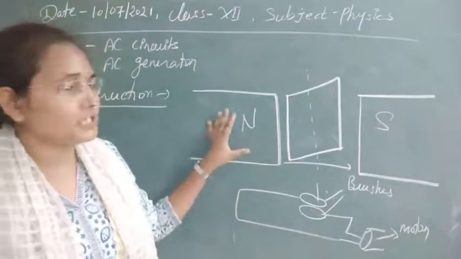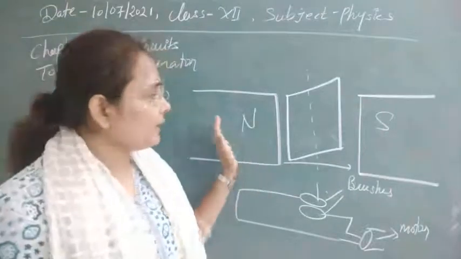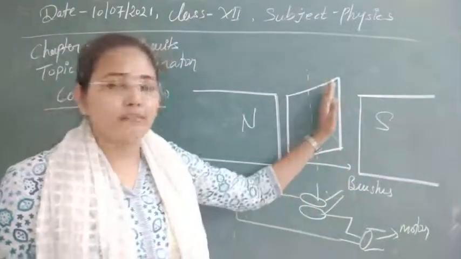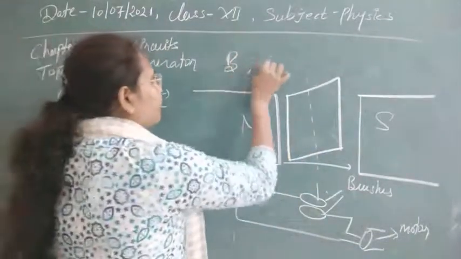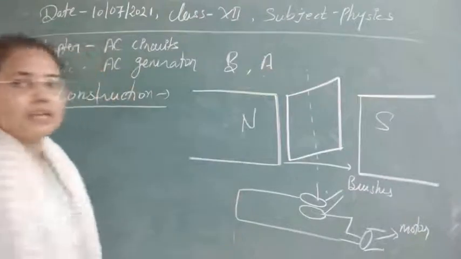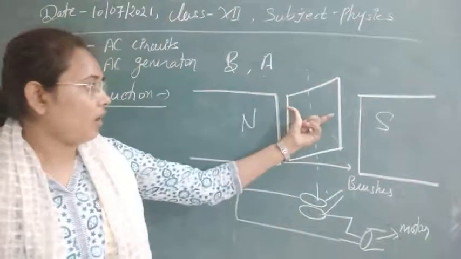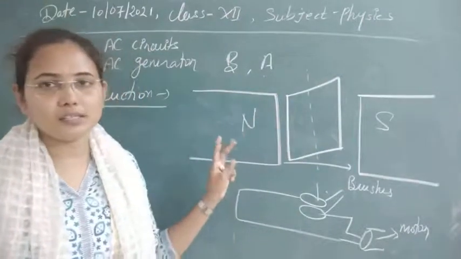First of all, we have generated an external magnetic field, and in this external magnetic field we are putting a coil. So two factors we have got from here: first is the magnetic field, second is the area. Now this coil is free to rotate in this magnetic field.